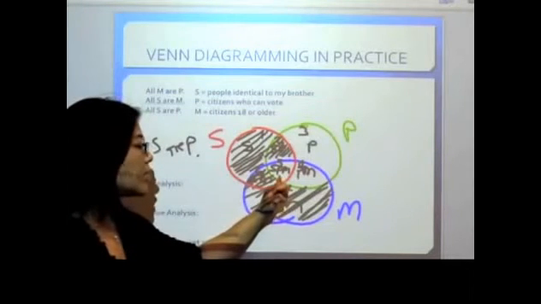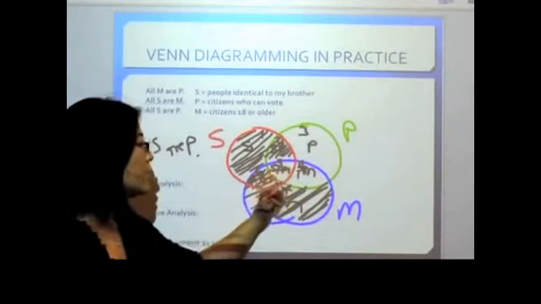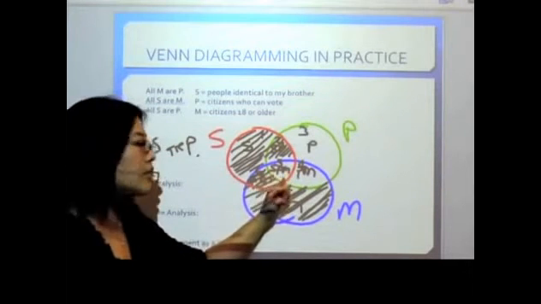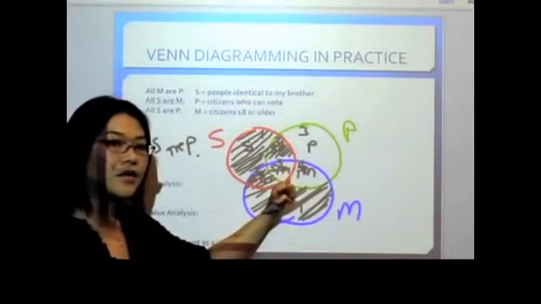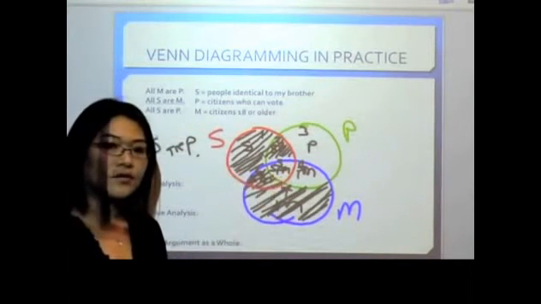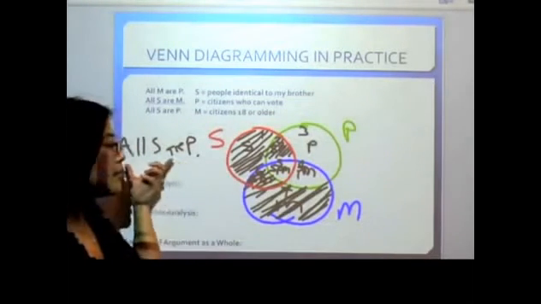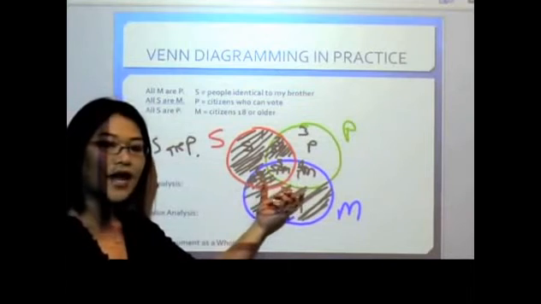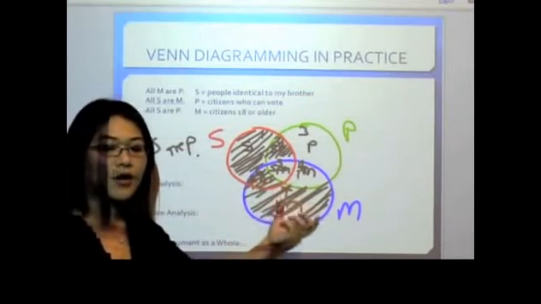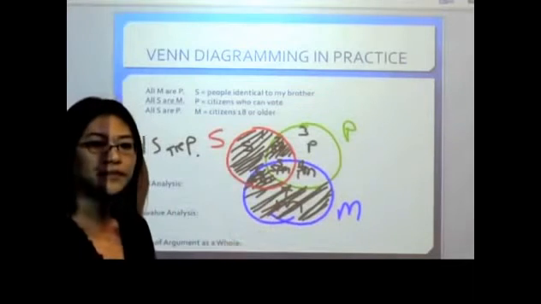And all the things that are in that area that are S's are also P's, because in area 5 we have things that are S's, P's, and M's. So this, in fact, is a valid argument, because we have information that's in the conclusion that's contained in the Venn diagram where we've only diagrammed the premises. So this is a valid argument.